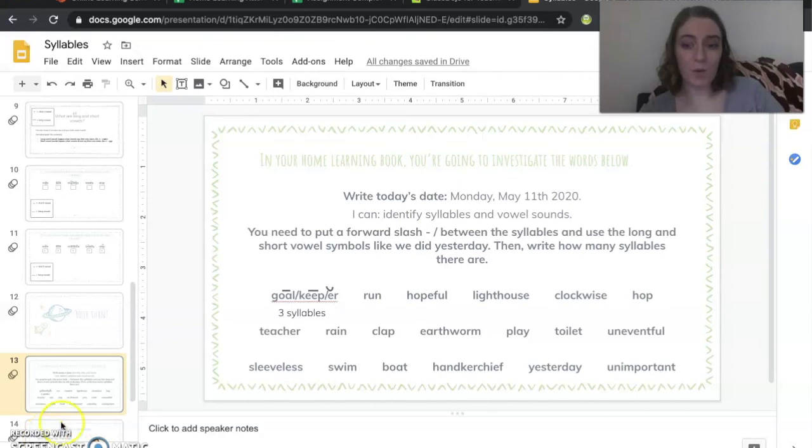So I'll say that one more time. You need to at least tell me what the different vowel sounds are by putting their vowel symbols on top, long or short, and then telling me how many syllables there are. But I do believe that you can do all 3 steps and break up the word as well. If not, just the 2 steps where you show me the vowel sounds with the symbols and how many syllables there are, okay?